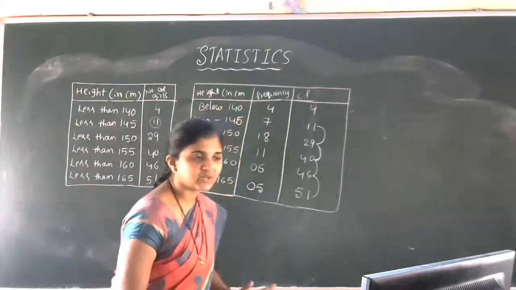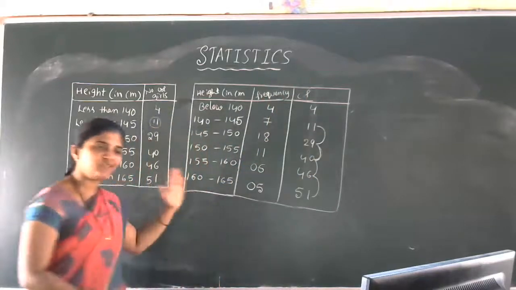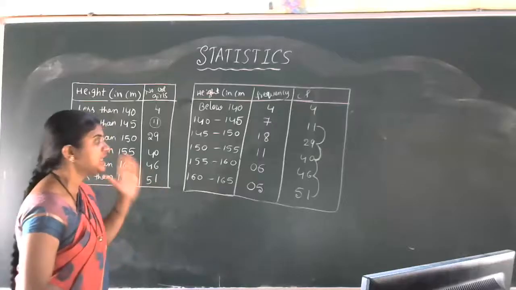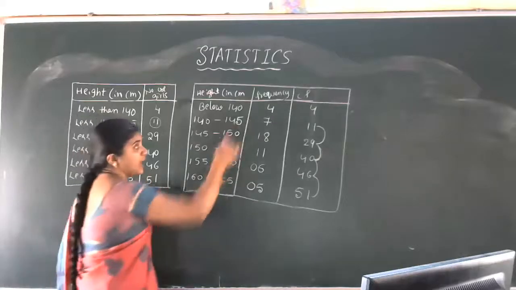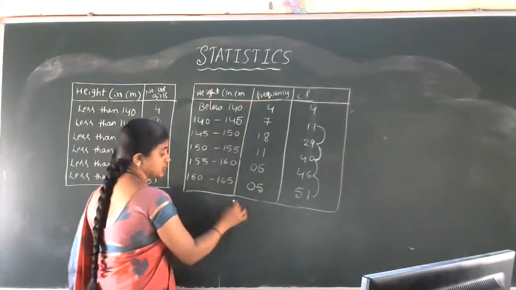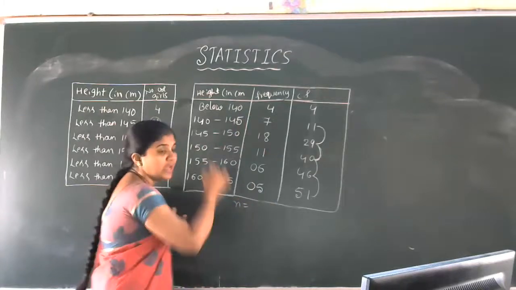Is that clear, students? So now we got the actual problem. Can you find out the median for this? Yes, we can find the median now. First step is we have to add the frequency column to get the total number of observations n.